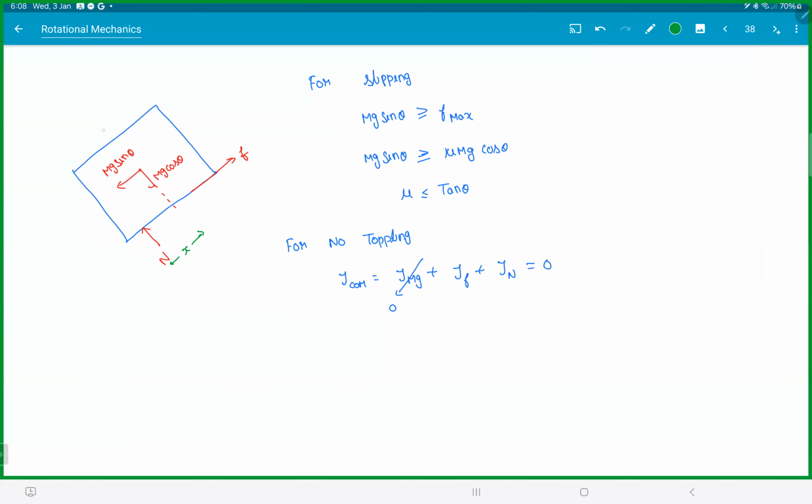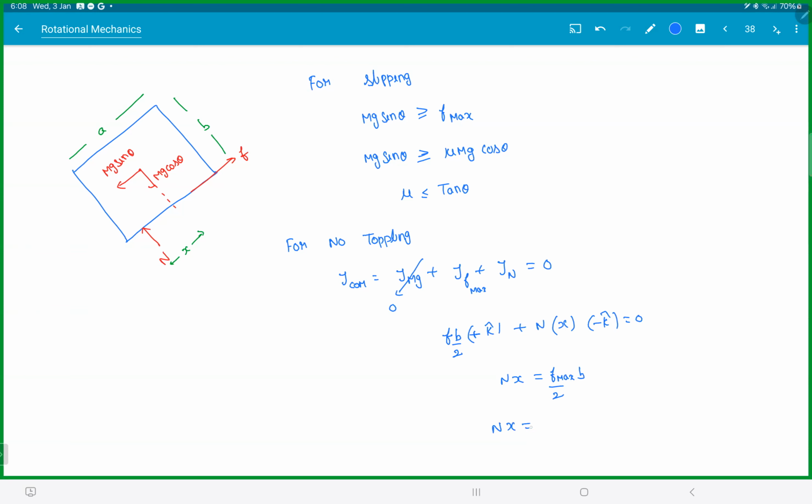If you look at the distances here, this was A and this was B. So this will be F max, so friction into B by 2, plus N into x equal to 0. So we get Nx is equal to F B by 2. But remember, this is F max here.